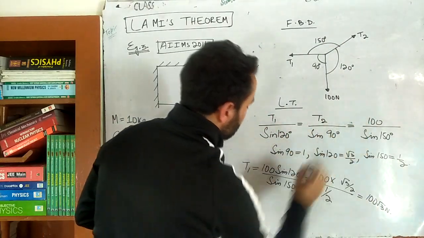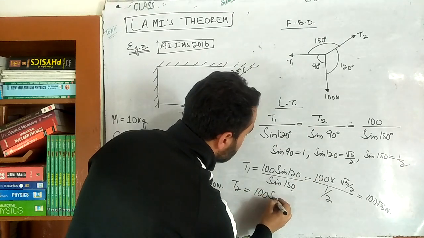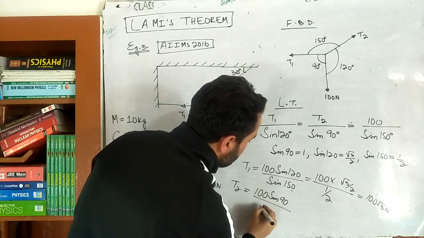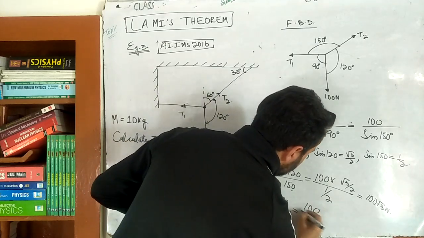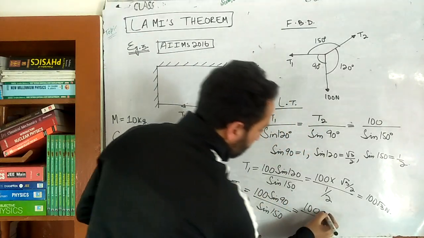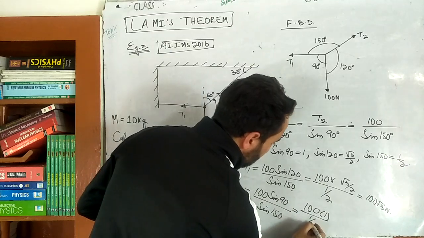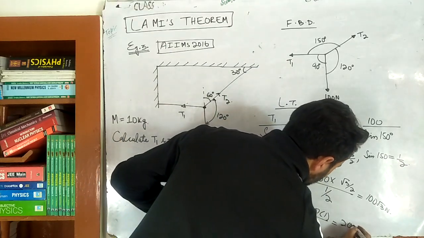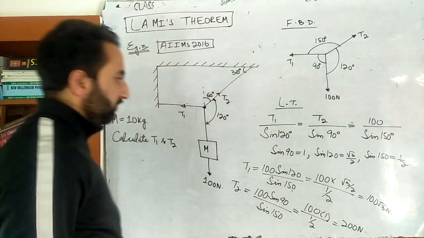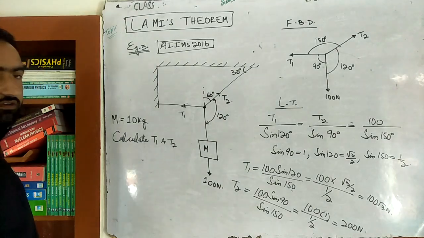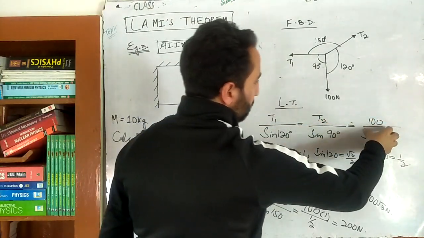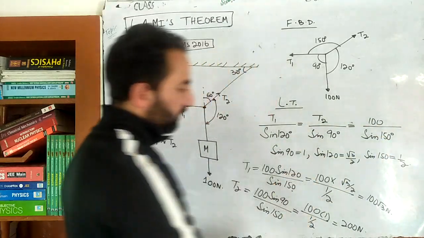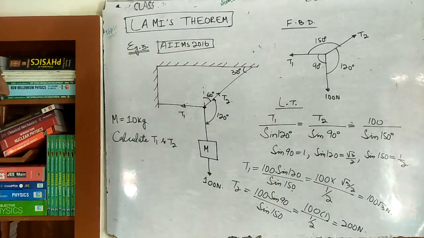Now equate this and this. 100 sine 90 over sine 150. 100 sine 90 is 1, where sine 150 is 1 by 2. Answer is 200 Newton. So we have calculated both T1 as well as T2. Same free body diagram. Lami's theorem. First, third, second, third, T1, T2 done. Okay. Pause screen, write down.